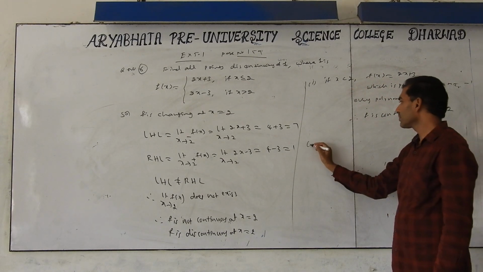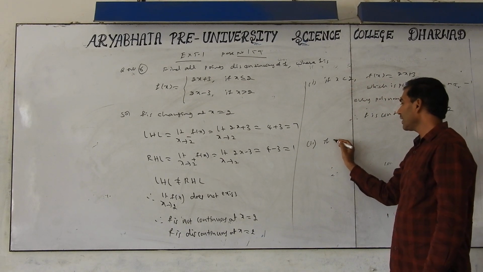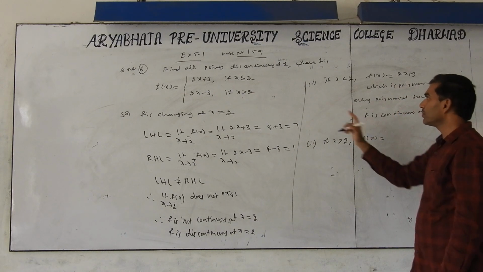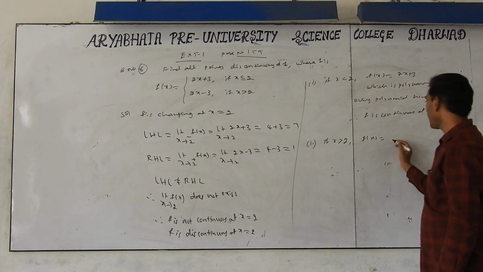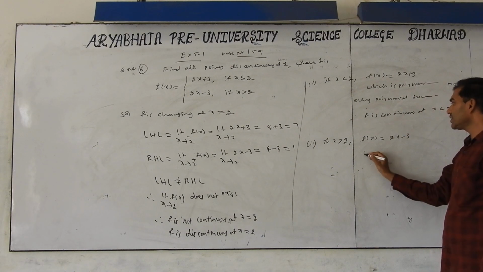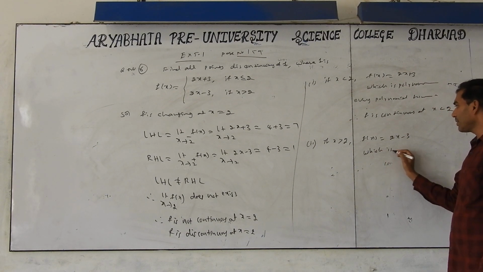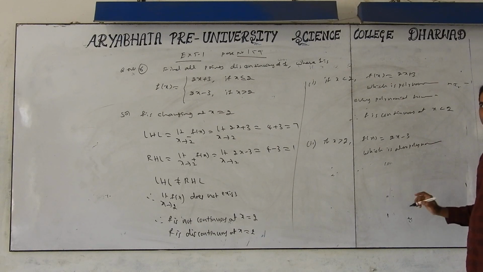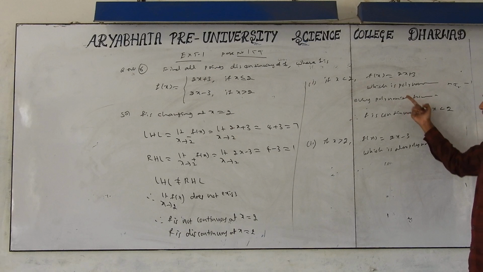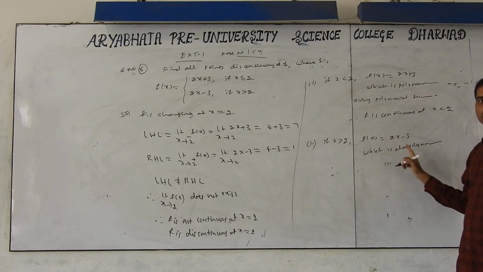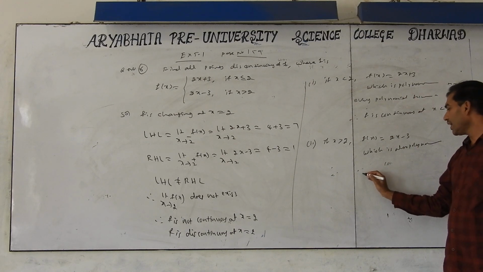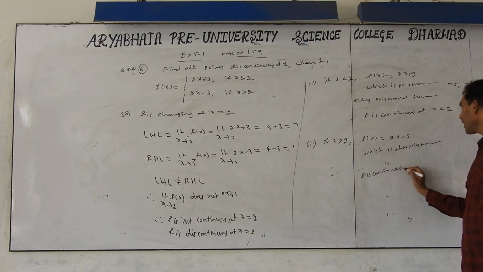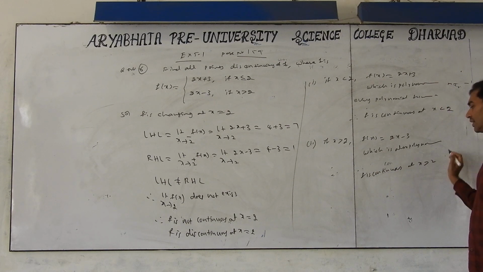Case 2: if x is greater than 2, f of x equal to 2x minus 3, which is also a polynomial. Every polynomial function is continuous. Therefore f is continuous for x greater than 2.